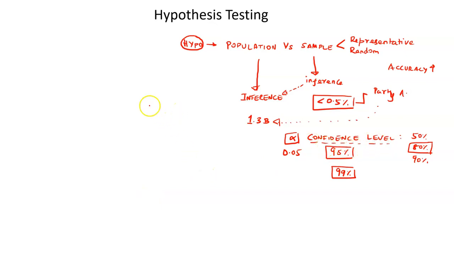For this, I use what is known as H0 and HA, the null hypothesis and the alternate hypothesis. This is known as null and this is known as alternate hypothesis.